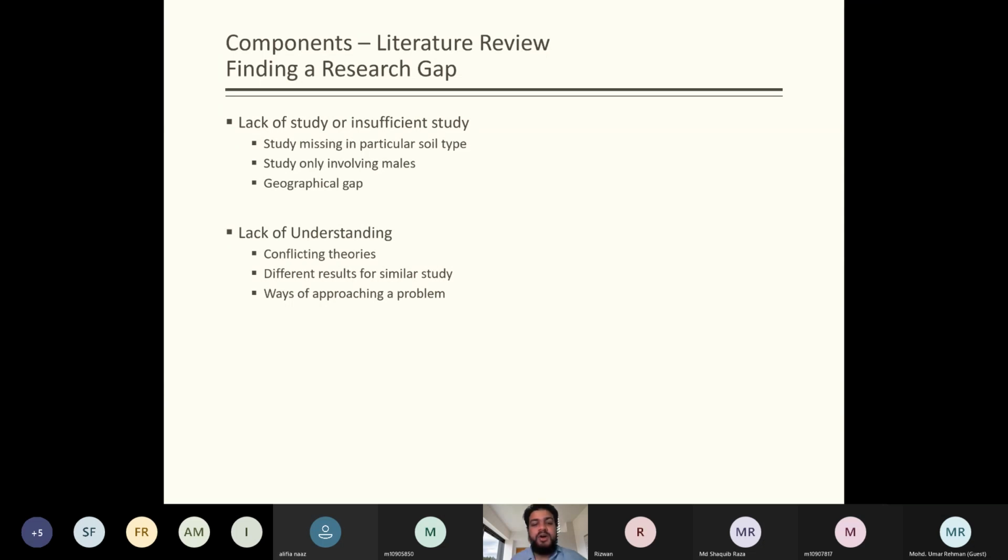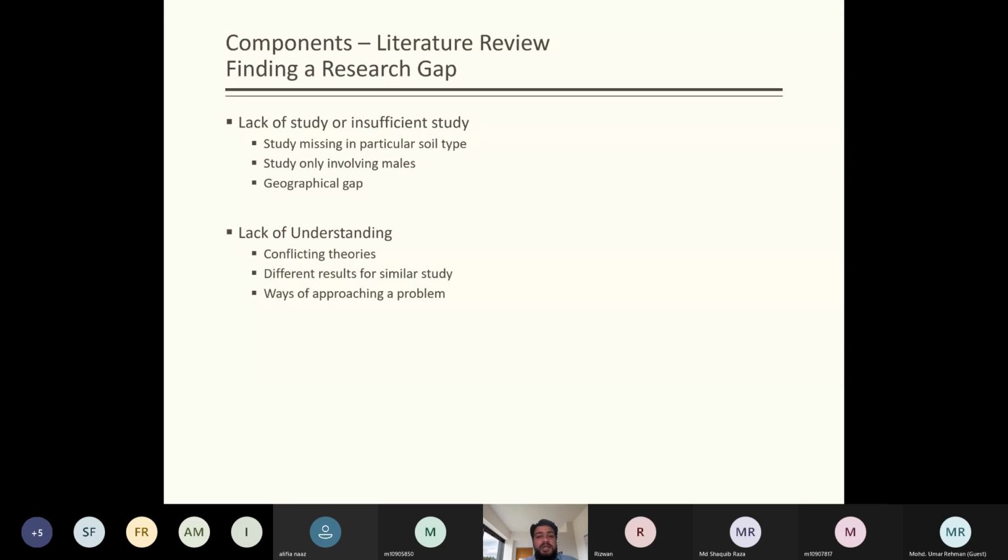And ways of approaching a problem. Well, for the research, some people are experimentalists, some people are modelers. So let's say for a topic, the majority of the study is done in the experimental aspect. Nobody has tried to do a modeling, so the analysis of the study using computer models.